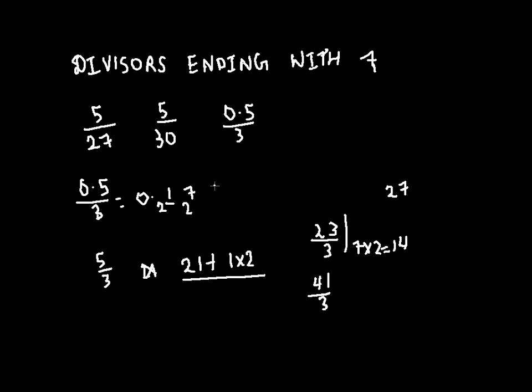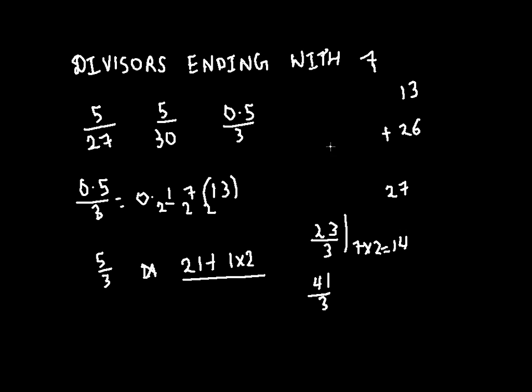Now 3 13s are 39. Again we have 2. Now like before, what we do here is 13 2s are 26, 13 added to 26.